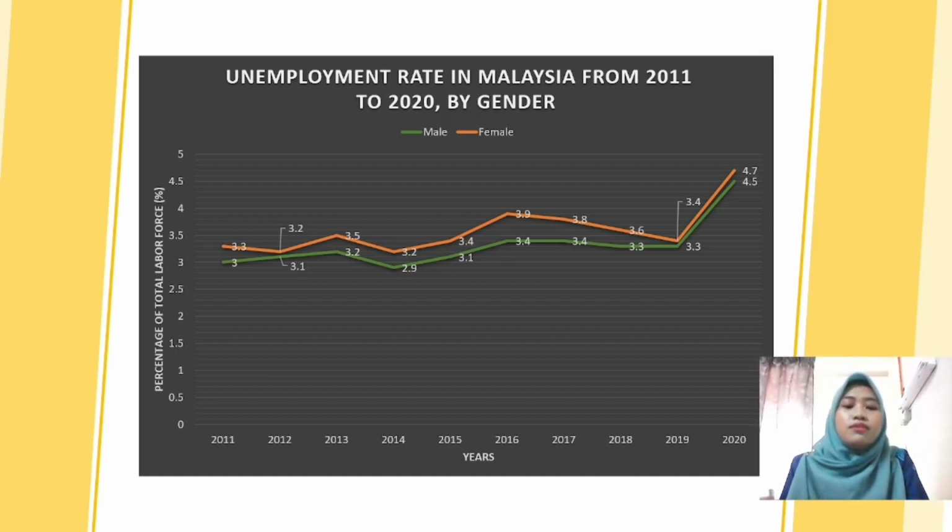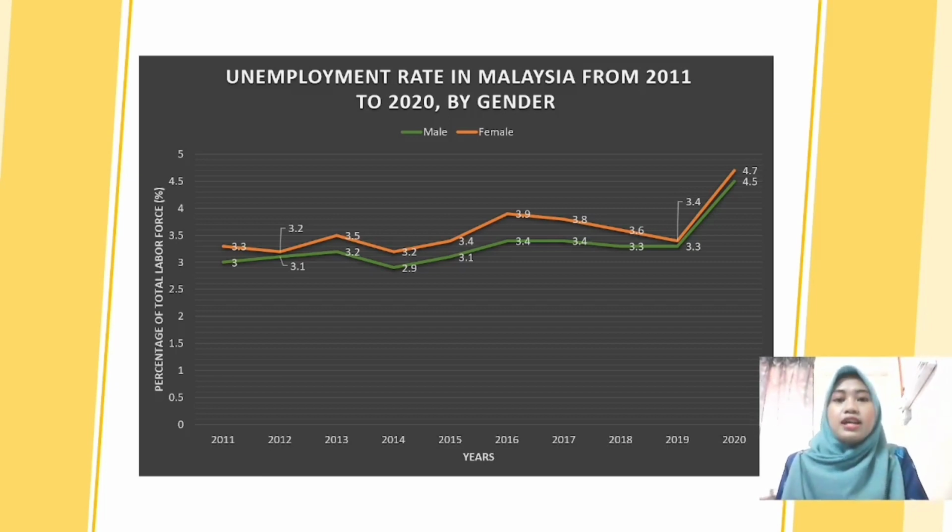In 2013, the line chart shows a steady increase of the unemployment rate among males in Malaysia as it rises to 3.3%. The unemployment rate for females shows an upward trend from 3.2% in year 2012 to 3.5% in year 2013.